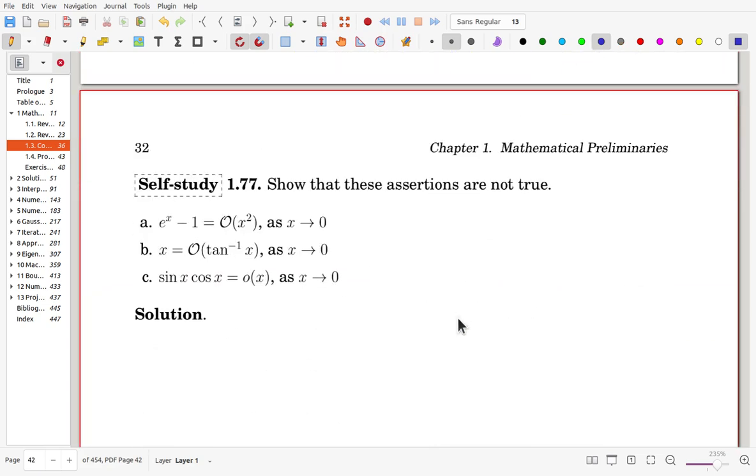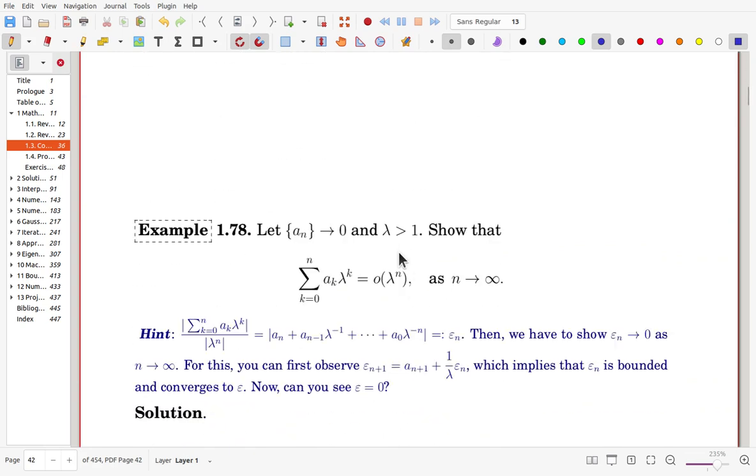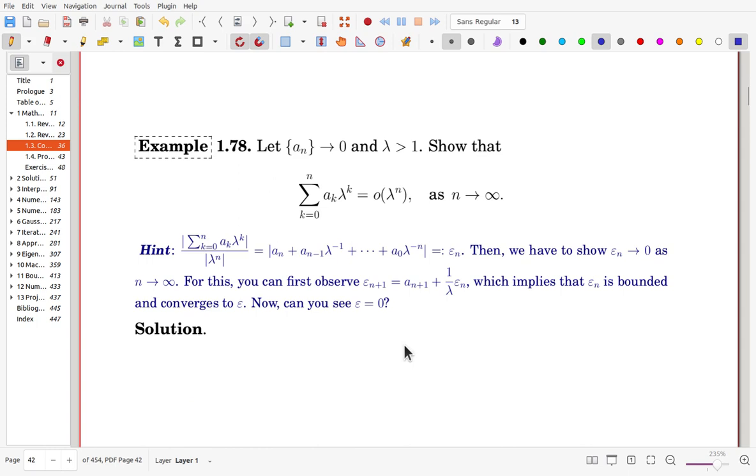Now, for this problem, you can do it yourself. And for this one, it's a little bit complicated. Now, we already know a_n is approaching 0, and lambda is larger than 1. For this summation, n is approaching infinity.